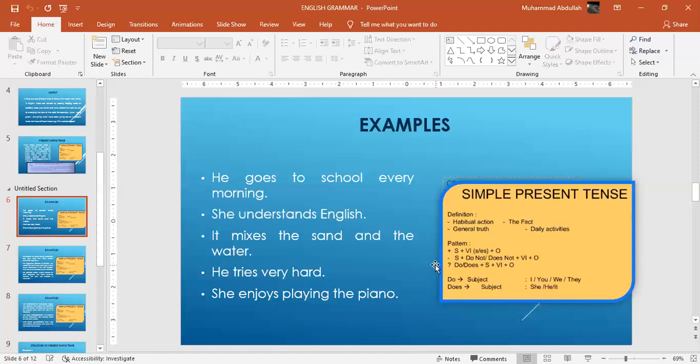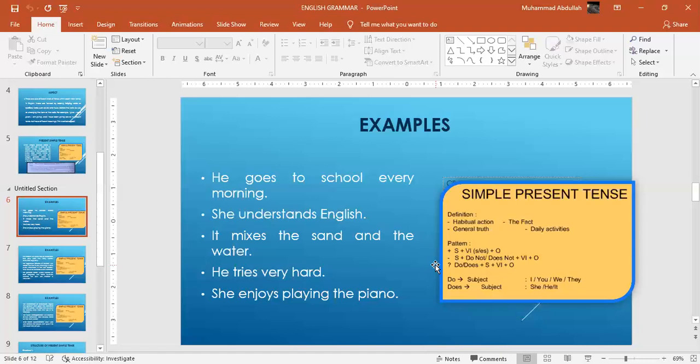That is a general rule: whenever we make a question or interrogation, we have to place the helping verb in the beginning. So first comes does. Then the formula says put the subject. Does she? Then we should use the first form of verb, that is understand. Does she understand? And at the end comes the object, that is English. So, does she understand English?